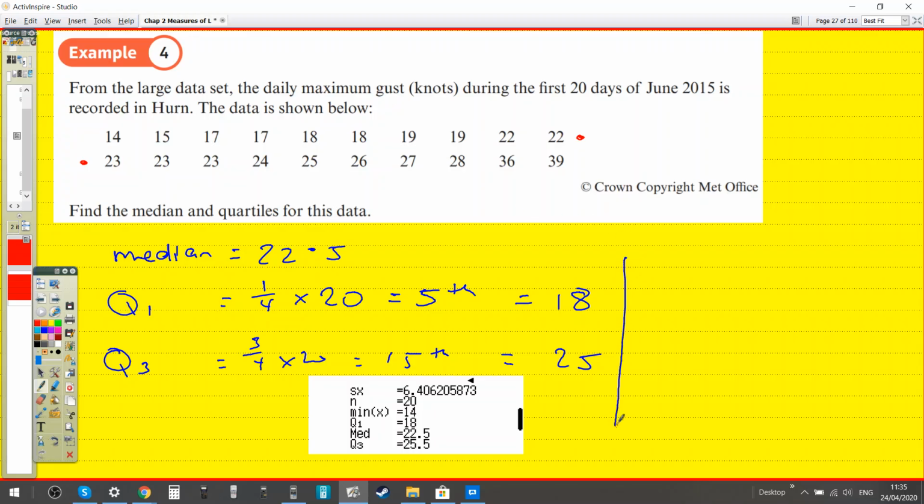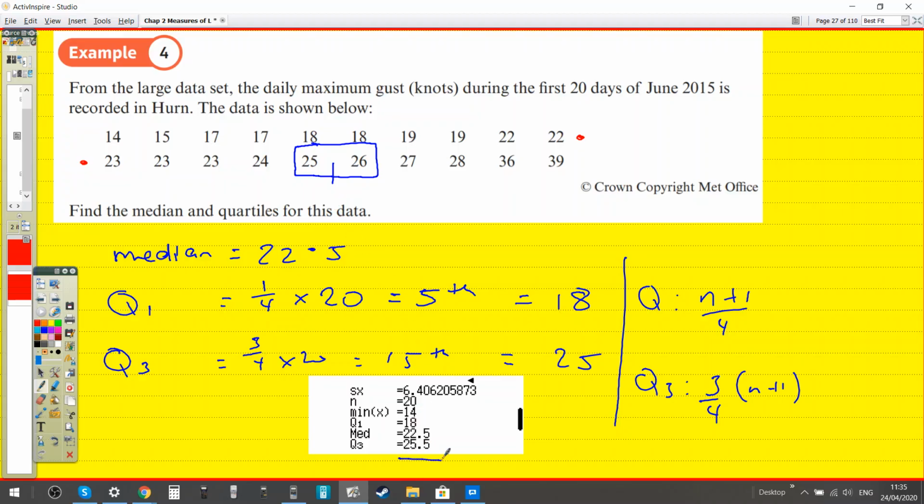For continuous data, the lower quartile is n plus 1 over 4 and the upper quartile is 3 times n plus 1 over 4, so it's not just n, it's n plus 1. So it would not be 25, it would be between 25 and 26, and they said 25.5.